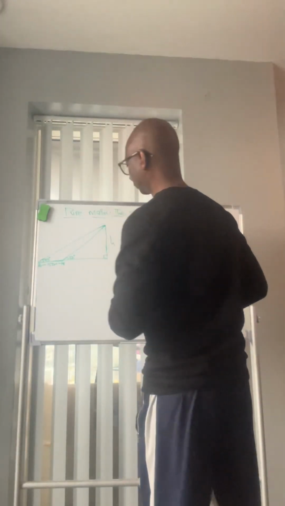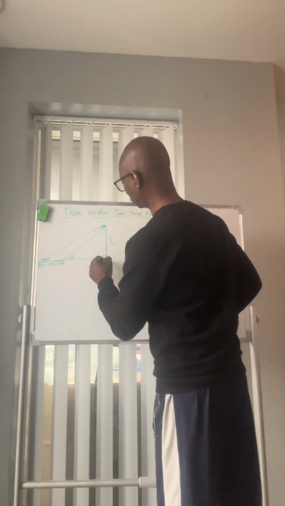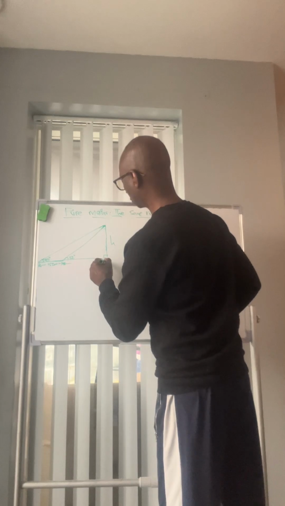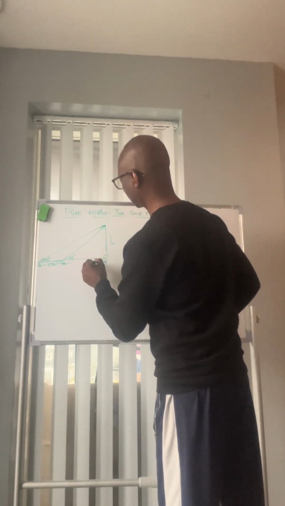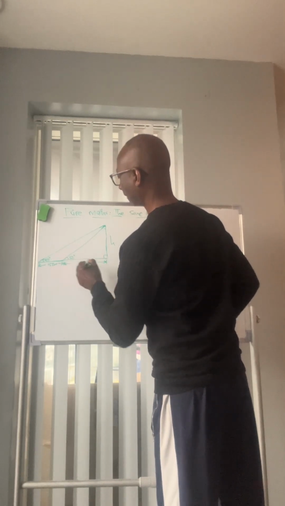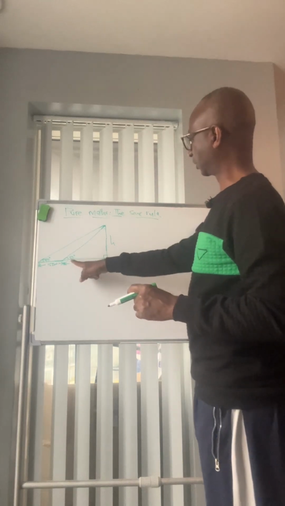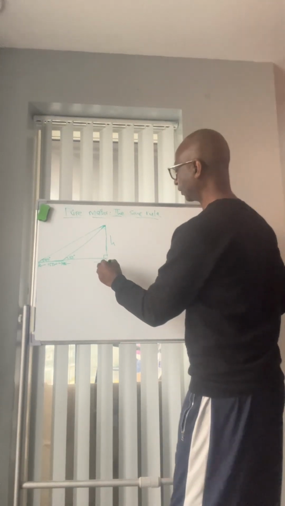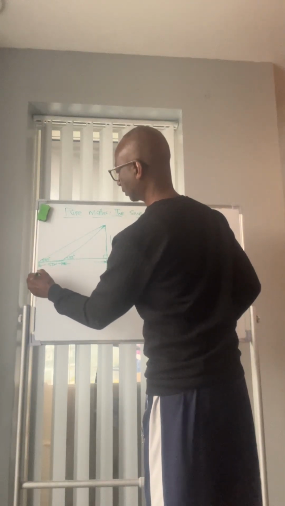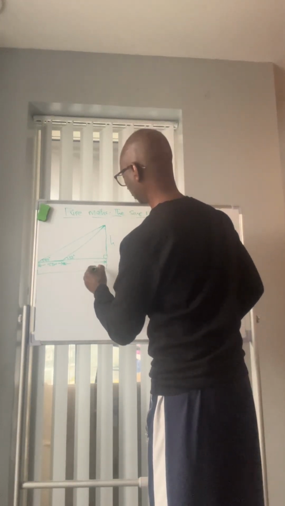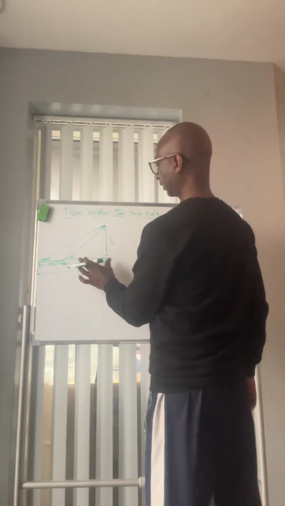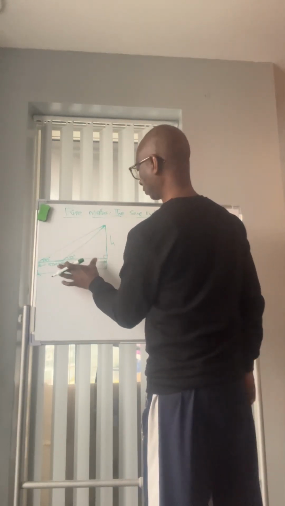What do we need to do? First, we need to know what this distance is for this triangle, the smaller one. And then we need to know what this distance is for the bigger triangle.